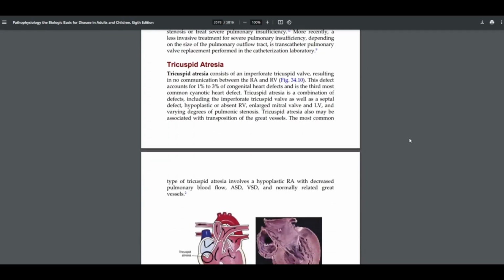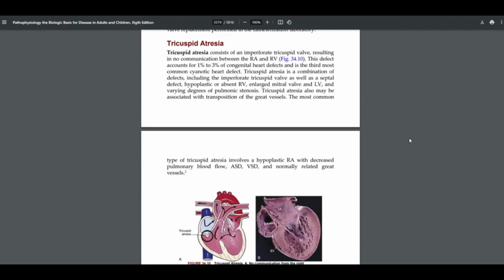Alright, so tricuspid atresia consists of an imperforate tricuspid valve, resulting in no communication between the right atrium and right ventricle. This defect accounts for 1 to 3% of congenital heart defects and is the third most common cyanotic heart defect.